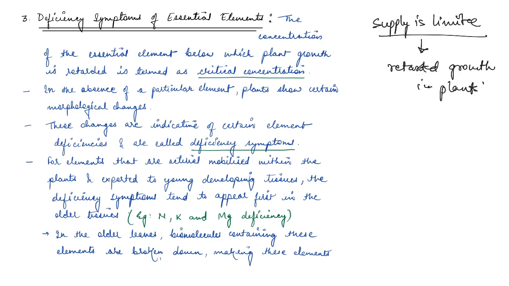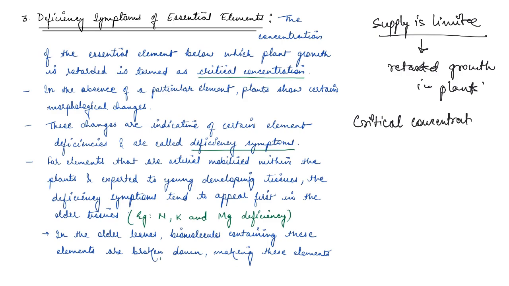Right? So the concentration of an essential element below which plant growth is retarded is known as critical concentration. Now you'll have to remember this word.